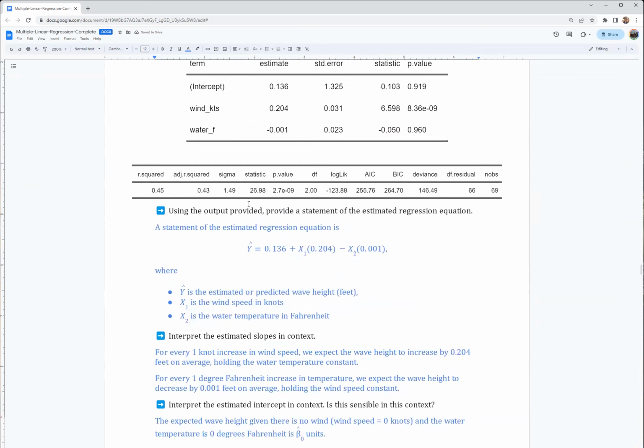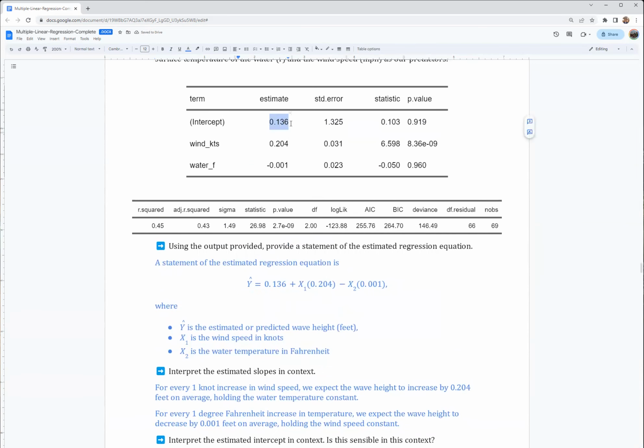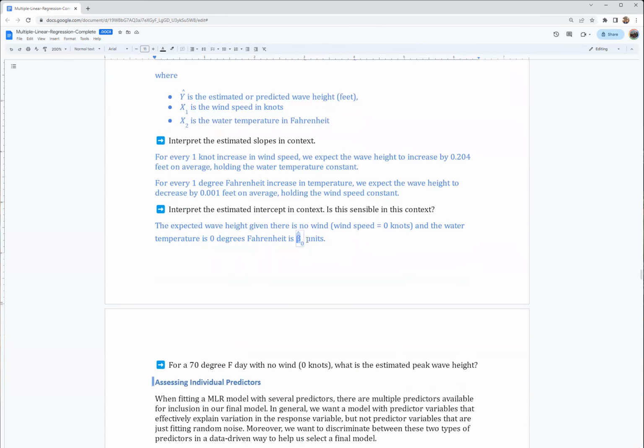And then what's our estimated intercept? This many feet. So we're saying we estimate or predict that the wave height, if there were no wind at all and the water was 0 degrees Fahrenheit, would be about 0.1 feet. Does that seem reasonable?